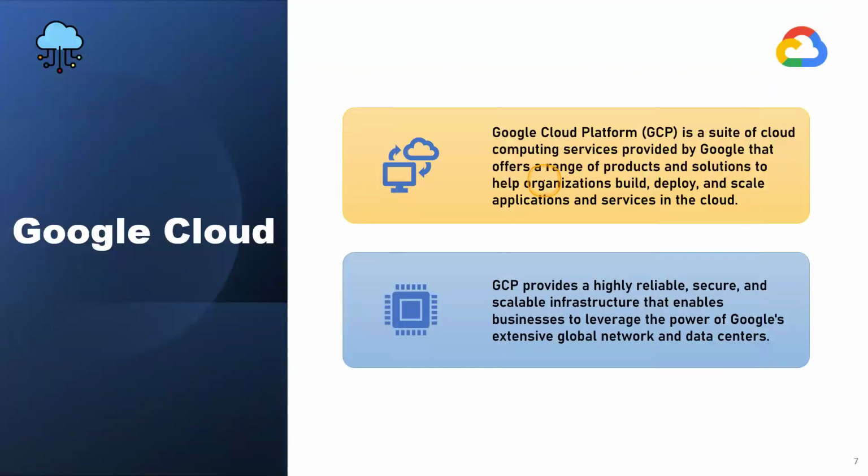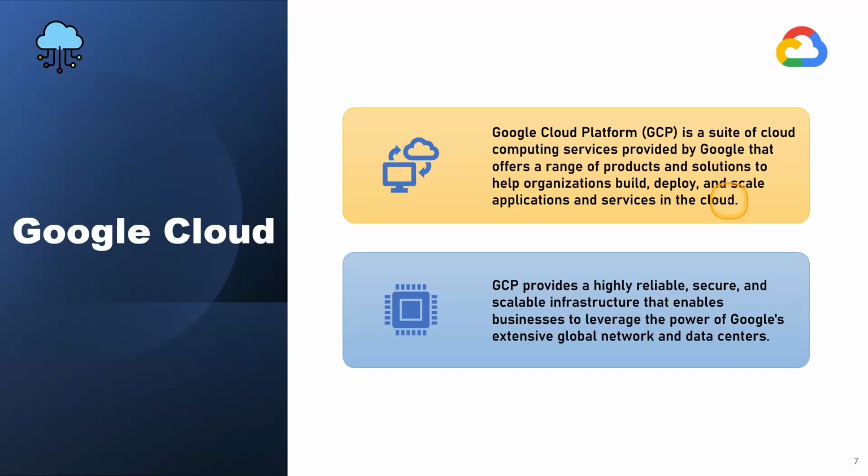Google Cloud Platform is a suite of cloud computing services provided by Google that offers a range of products and solutions, as I told you, nothing but services, to help organizations build applications, deploy applications, and scale applications and services in the cloud. That is the definition I just told you.